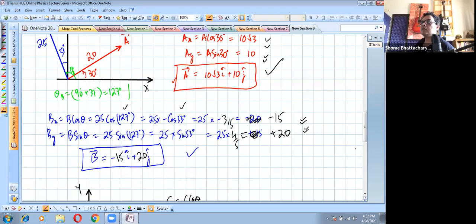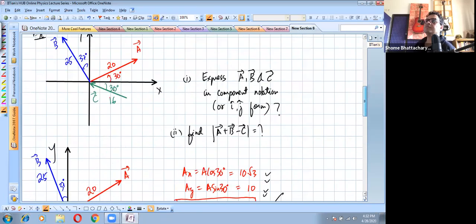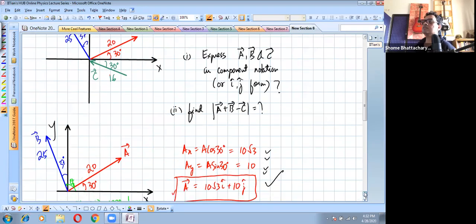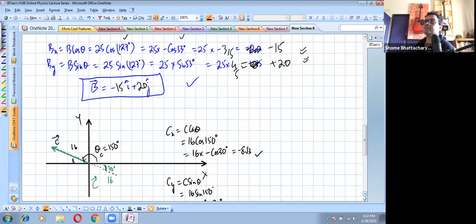All right. Now let us come to C. Now look at the vector C in the original diagram. In the original diagram, the vector C is pointing like this. So immediately you can see C has a negative x component and a positive y component. So to understand the vector C, we have repositioned it. Instead of placing it here, we have kept the vector the same, but we have kept it from the origin.